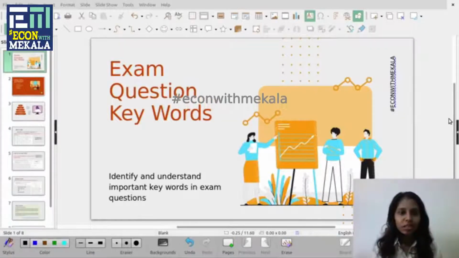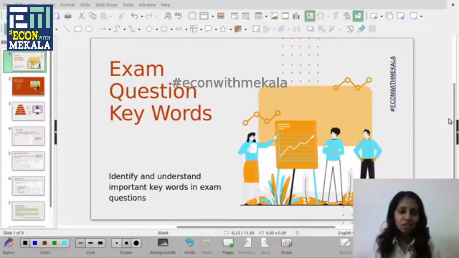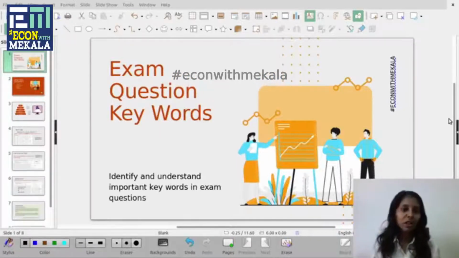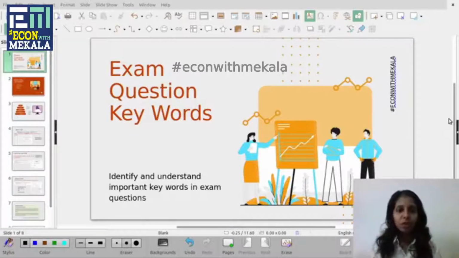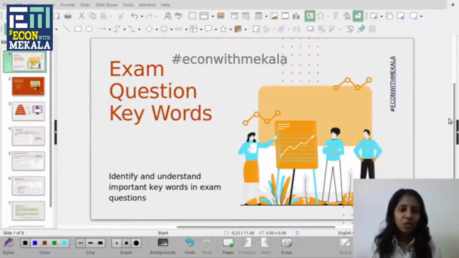So we know the Edexcel curriculum mostly has unit outlines, whereas in the Cambridge curriculum we have paper 1, paper 2 and so on. In both papers you receive keywords in your questions.